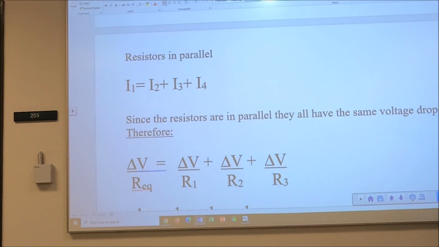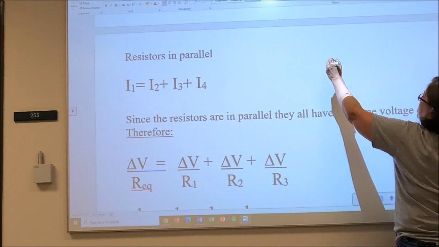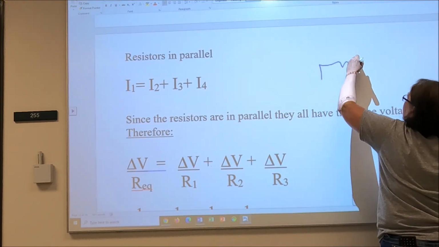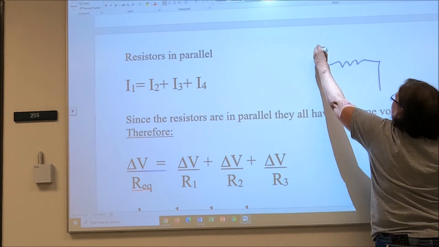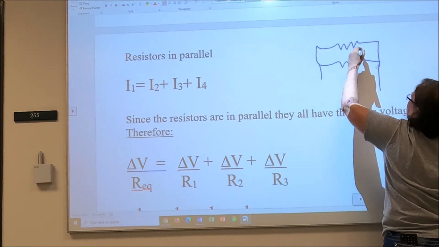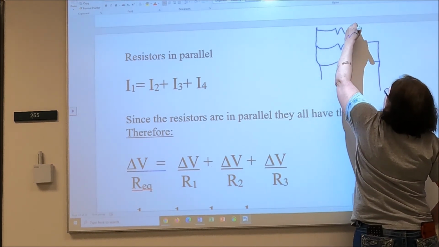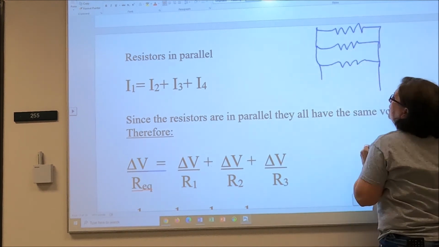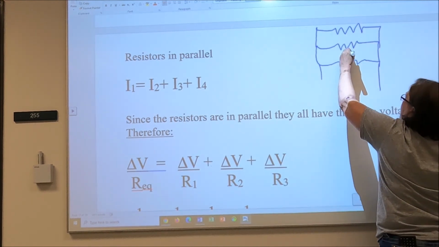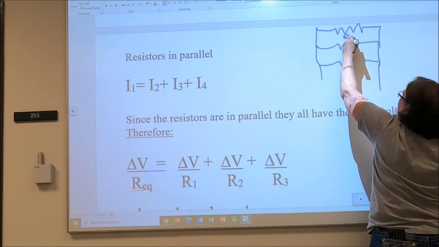Okay? When I have resistors in parallel, I have R1, R2, and R3.